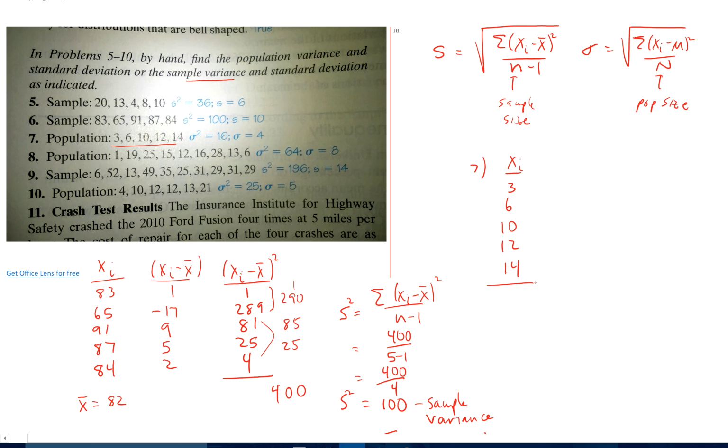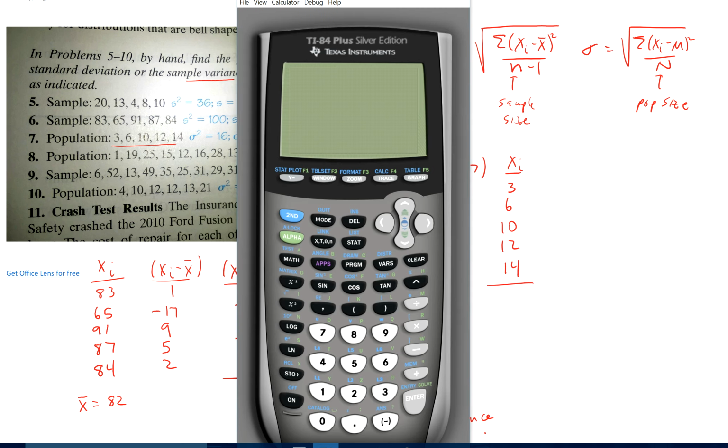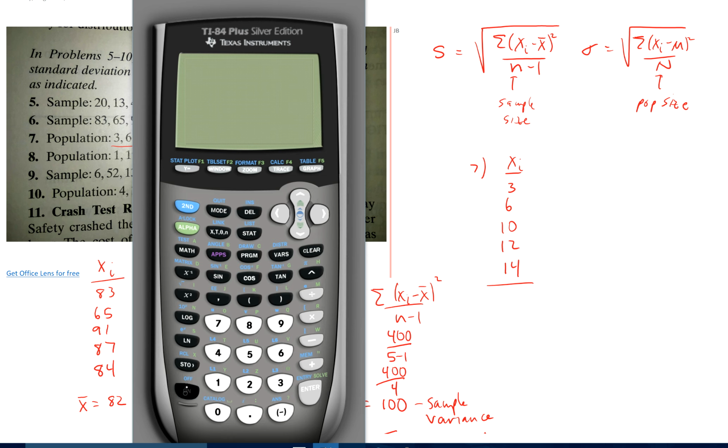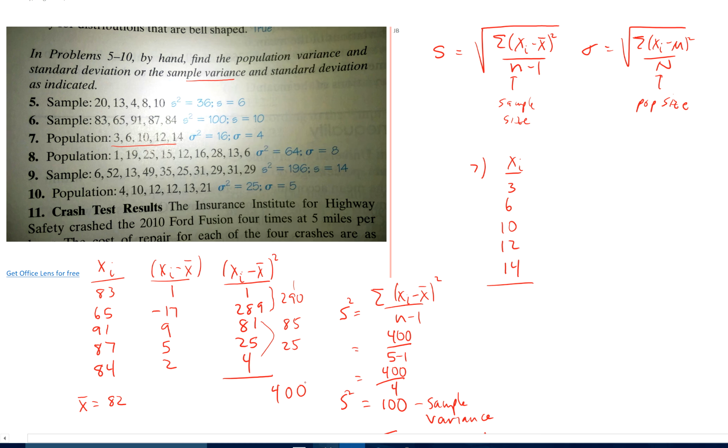And then let's calculate the average. 3 plus 6 plus 10 plus 12 plus 14 divided by 5 is 9. Remember, this is population, so mu is 9.